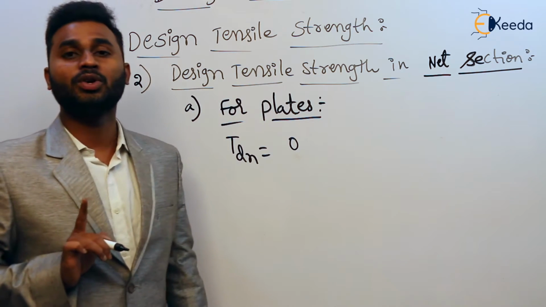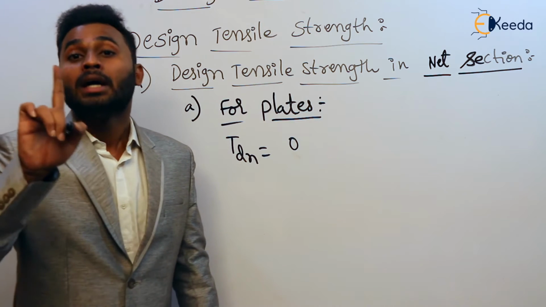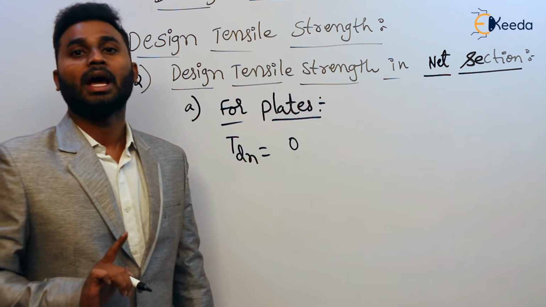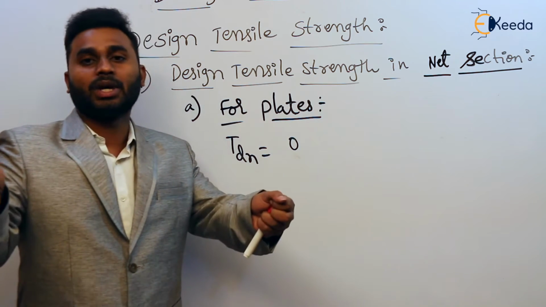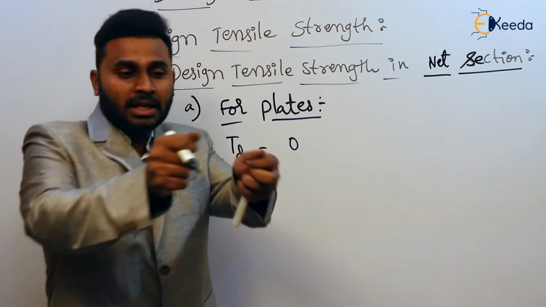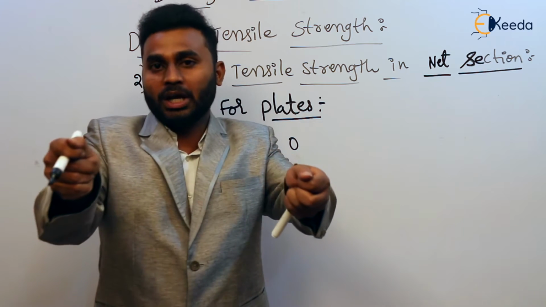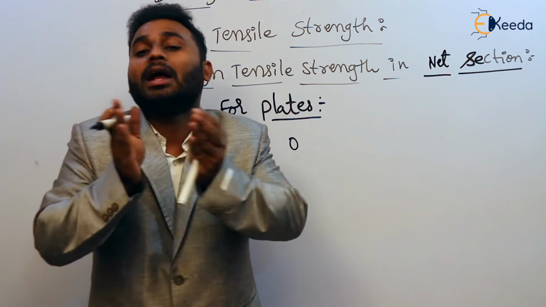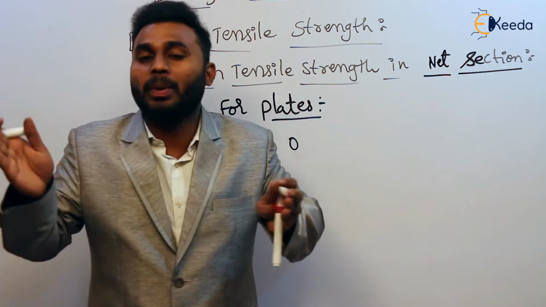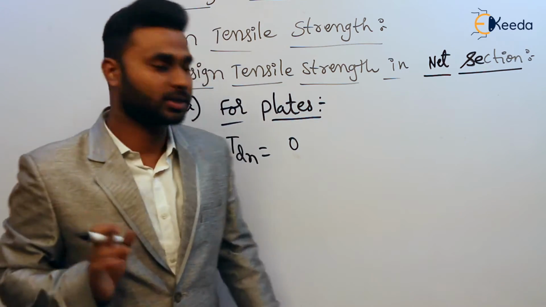But here which area are we going to consider? We should consider the net section. Clear? At that net section, what is happening? It is going to rupture or tear. I have shown in the beginning classes how the tearing takes place. In that tearing, the material is going to break, or divide into two parts.